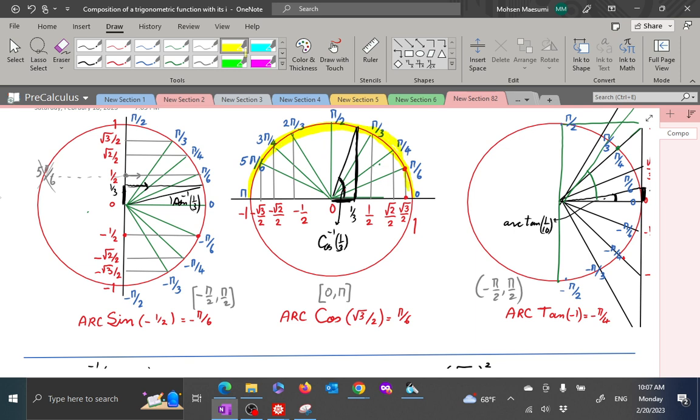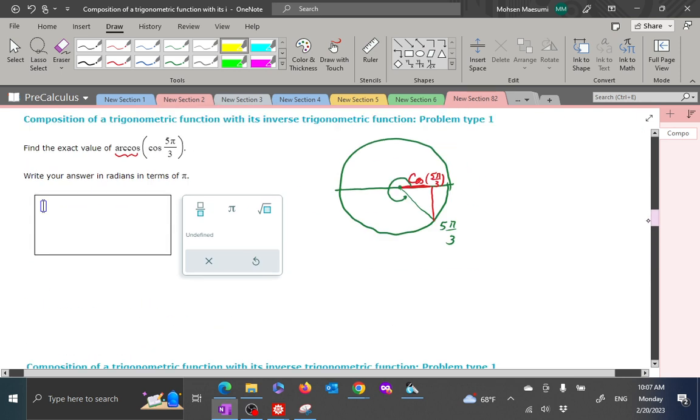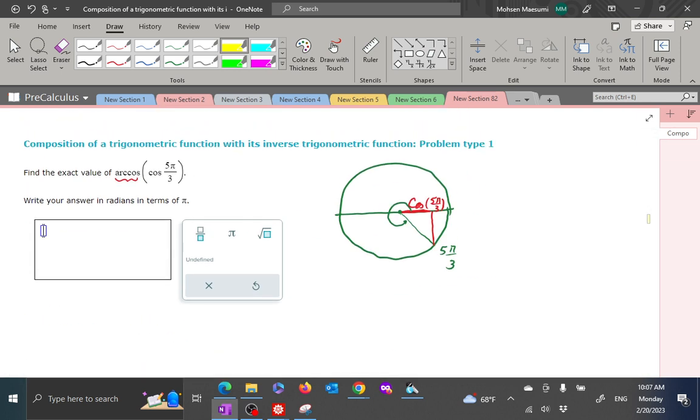So the output has to be between 0 and pi. So the question has to be phrased like this. Sorry, what angle between 0 and pi is it whose cosine is same as cosine of 5 pi third? So what angle in, here's a restriction, 0 to pi, so let's call the angle alpha.